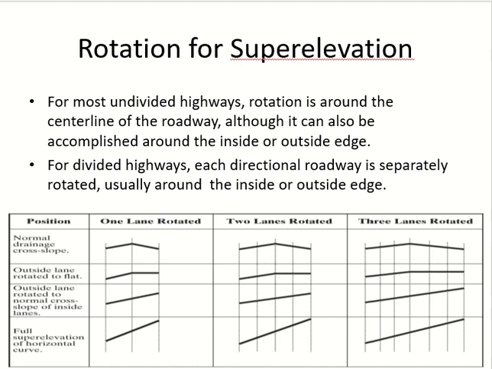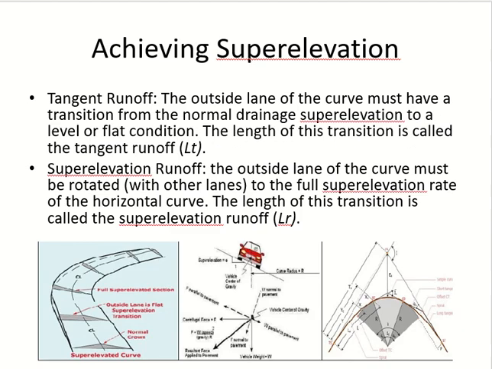To get the super elevation, you first go from the normal slope to zero outside edge, and then from zero outside edge to full super elevation. The first part is called tangent runoff, and the second part is called super elevation runoff.